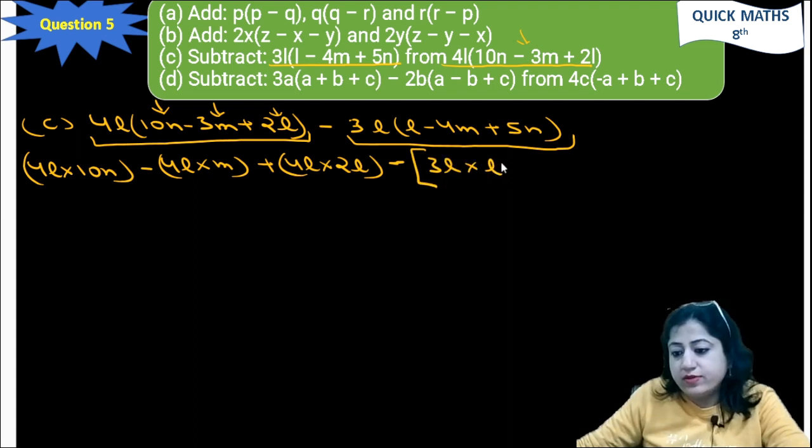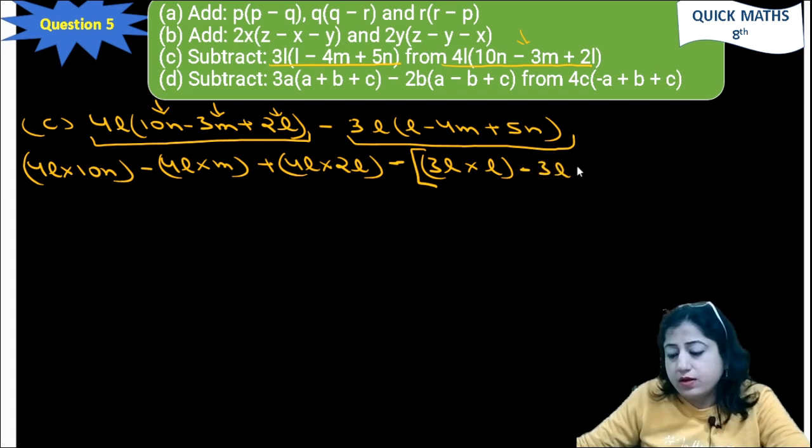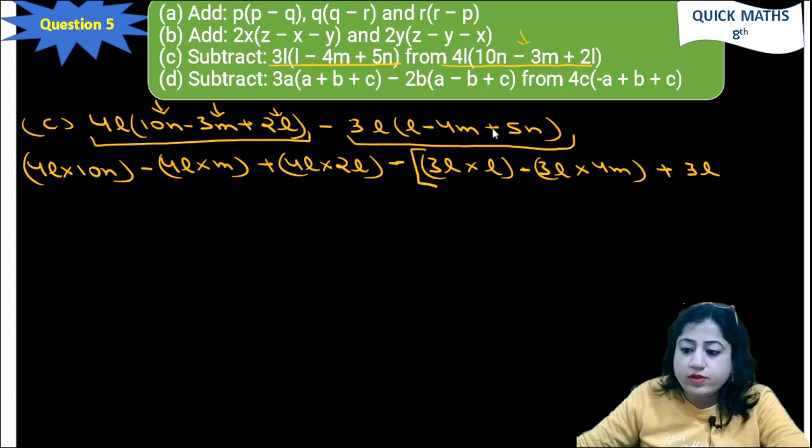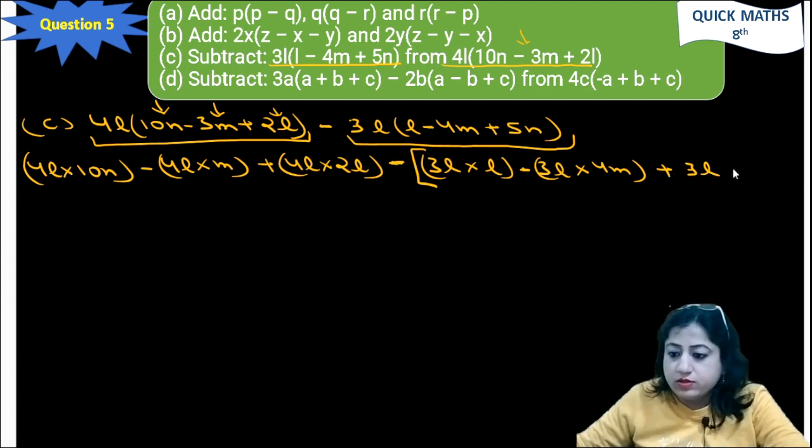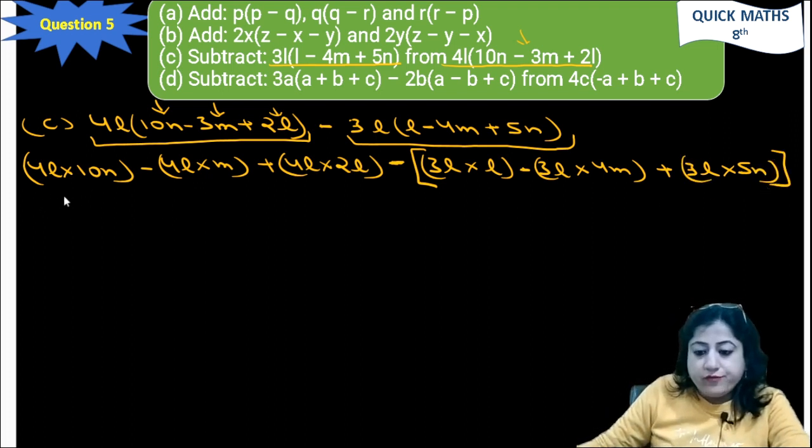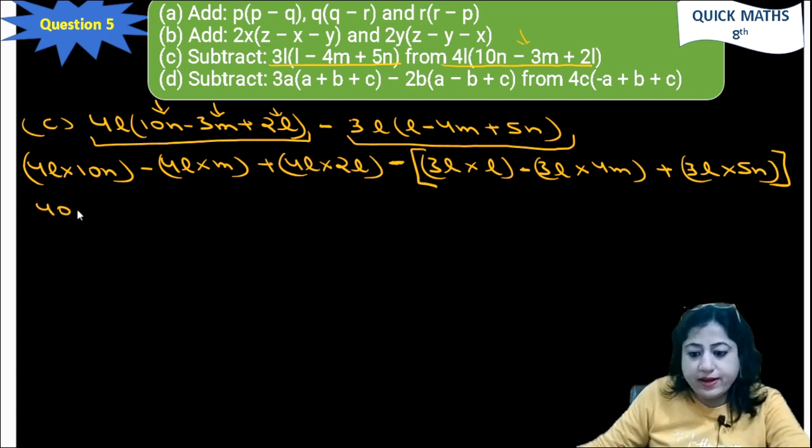3l multiply with l first, then minus 3l multiply with 4m, then plus 3l multiply 5n. I am using the sign of this bracket only. I am not using the sign here, because the minus I am writing is this minus sign. Now it will be 4 into 10, 40, the numerical coefficients will get multiplied. 40ln minus 4lm plus 8l square.